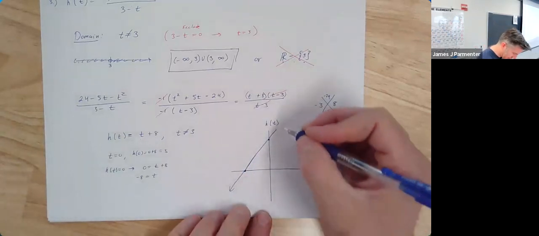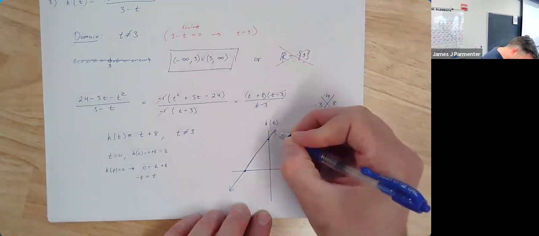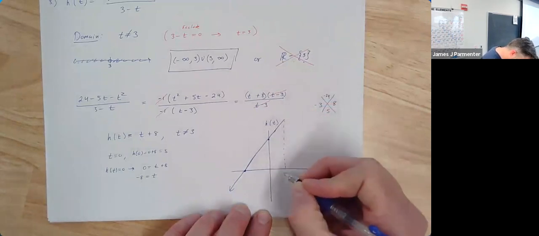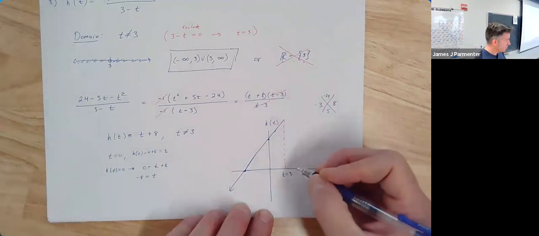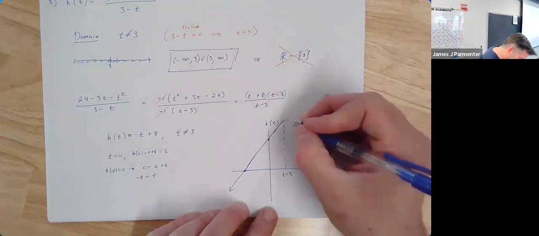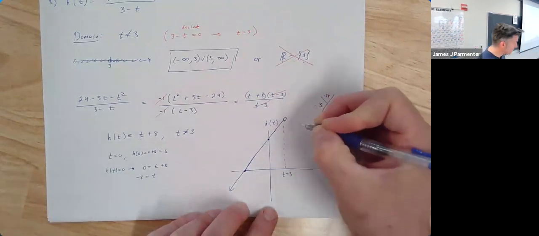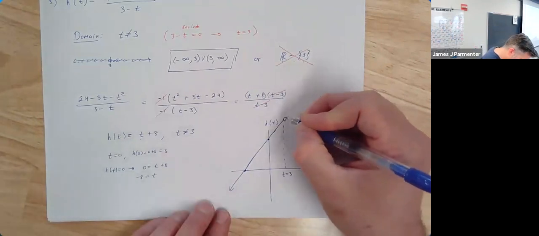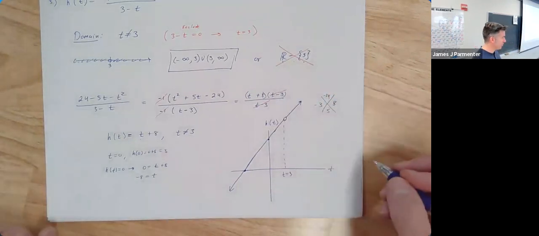However, I have to remember, and I've left myself not quite enough room here, but I'm going to make it work. At t equal to 3, I'm not allowed to plug in t equal to 3. So I've got a hole right there where t would have been 3. t can be anything else. t can be 2.9 or 2.999 or whatever.